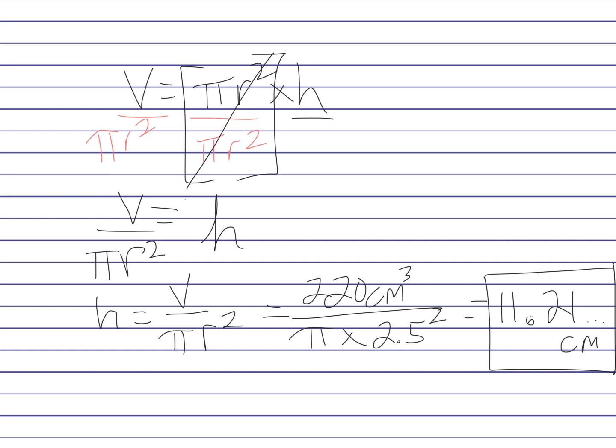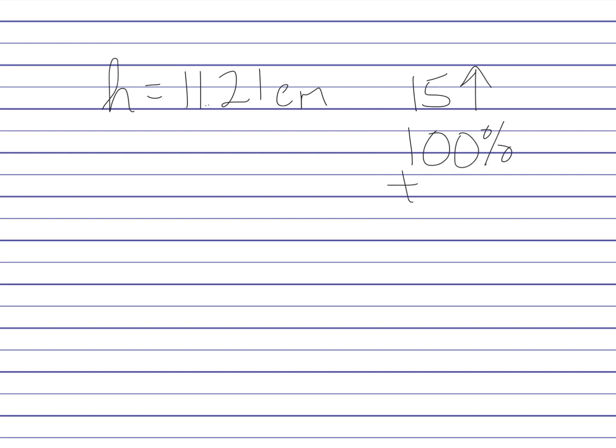Now we're going to go to the next thing on our list, which was to find 15% more. So I'm going to add another page. The height of the can is 11.21 centimeters. We want to find a 15% increase. A 15% increase means we have the entire 100%, plus we add 15% to it. So that's going to give us 115%, which is the same thing as 1.15.